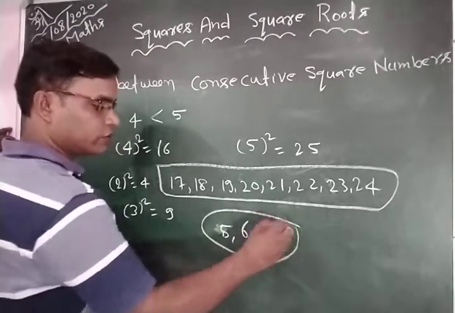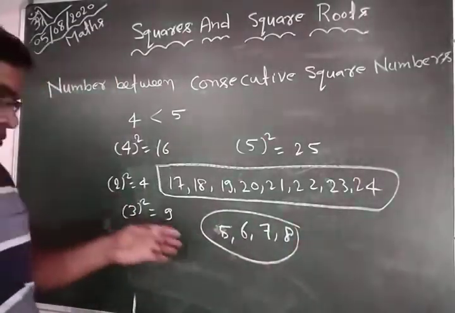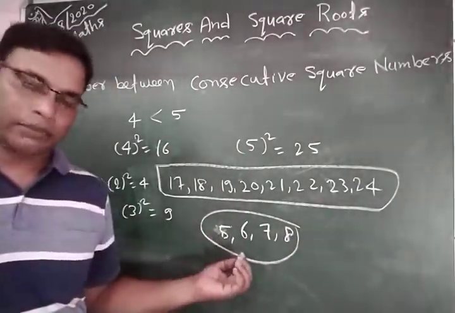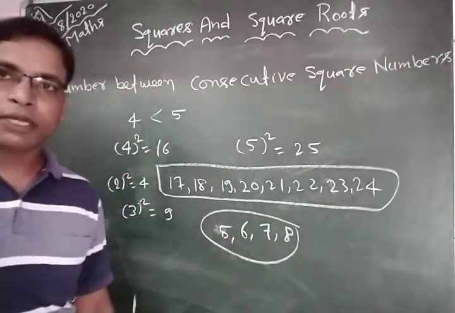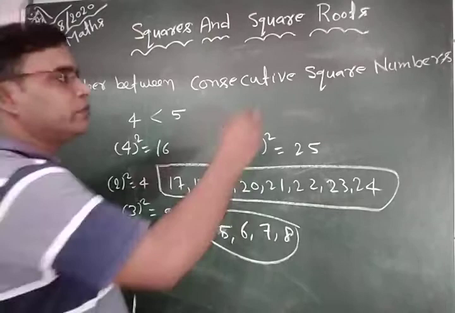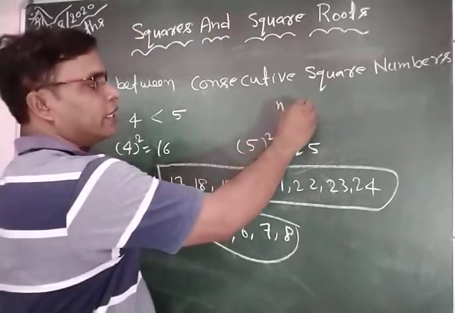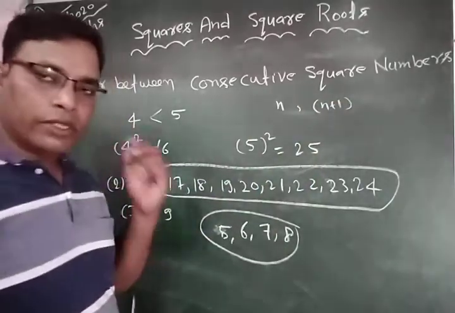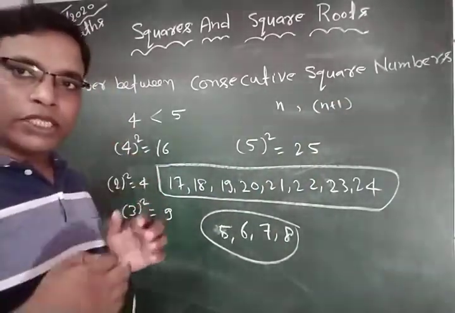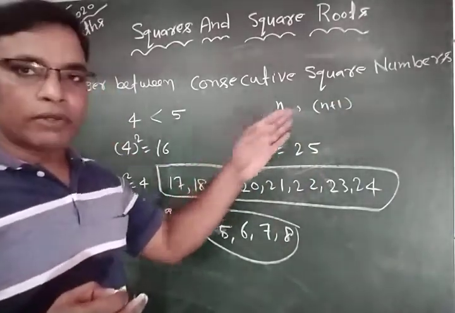Here you can also see this is double of the smaller number. This is 2, and this is 1, 2, 3, 4. This is double of the smaller number. So you can say if two consecutive numbers are n and n plus 1, and their squares are the square numbers, then the non-square numbers between these two square numbers are 2n.